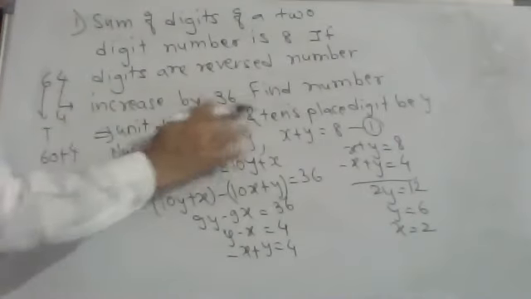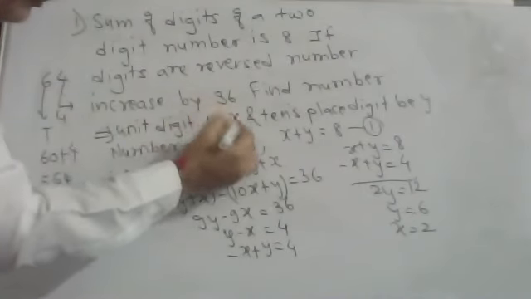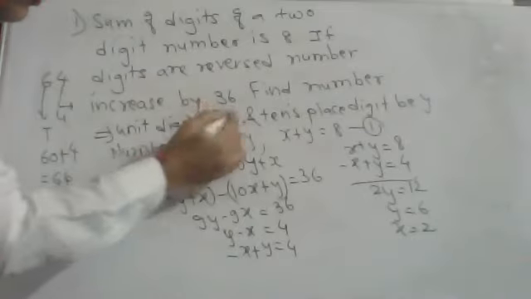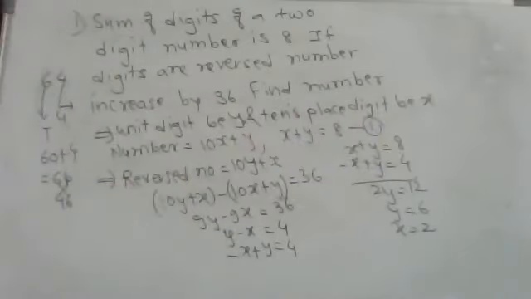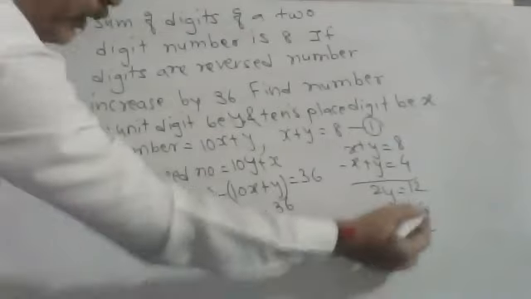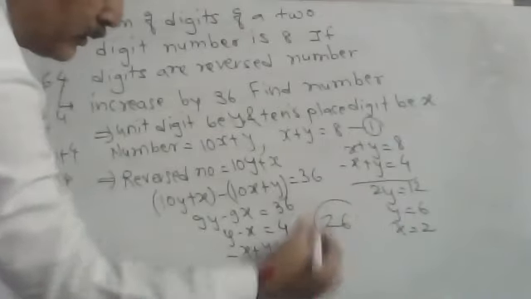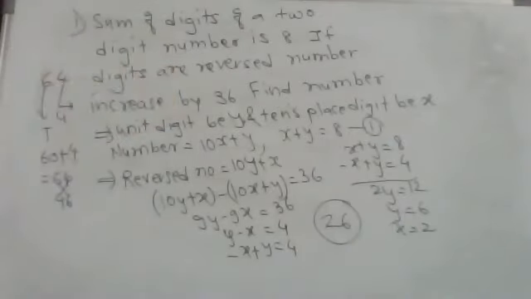The unit digit is... so the number is 26. It becomes, number is 26. Make the corrections.